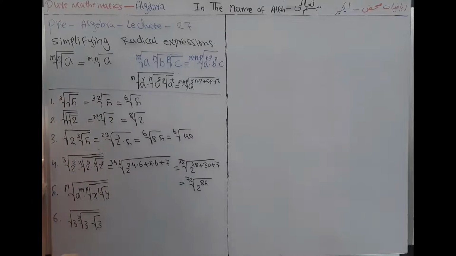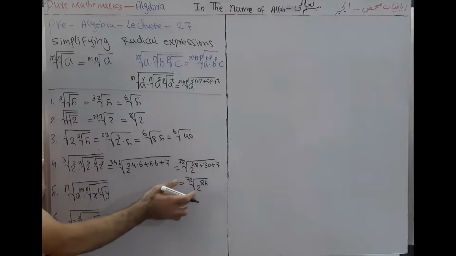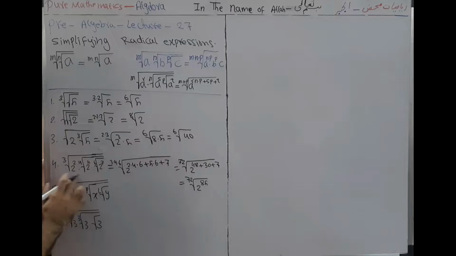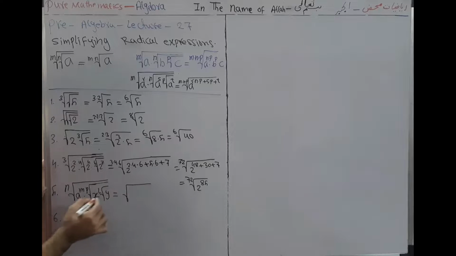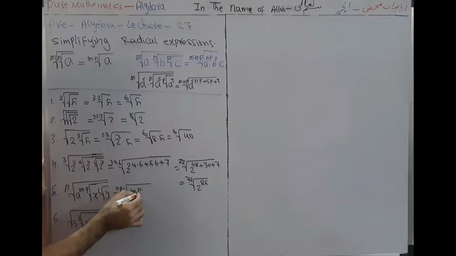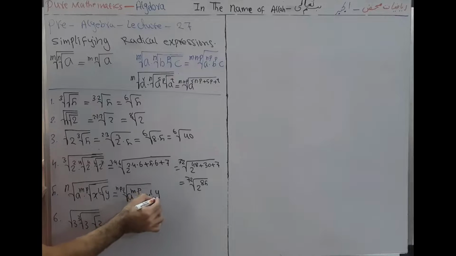It is the simple expression of this example. It is equal to n multiplied by p by l root of A to the power m multiplied by p into x to the power l into y.